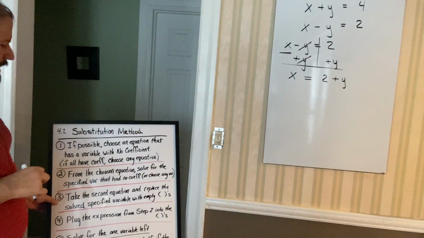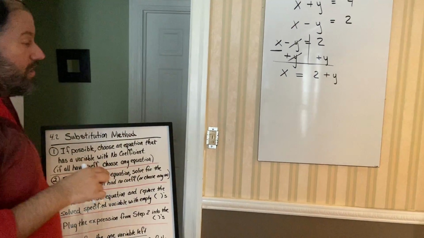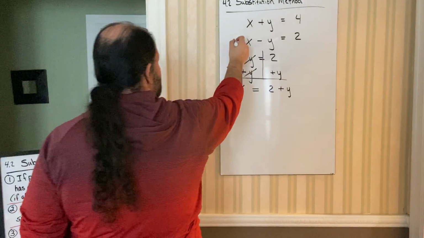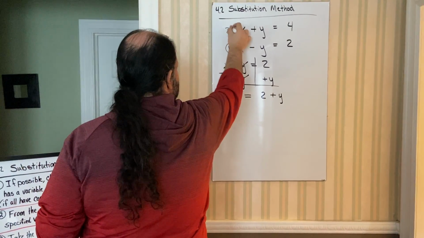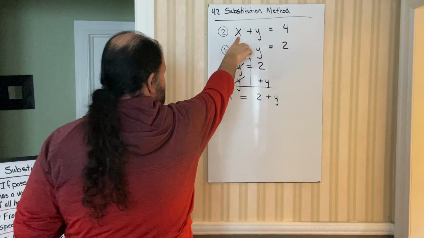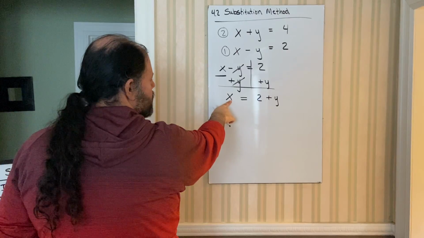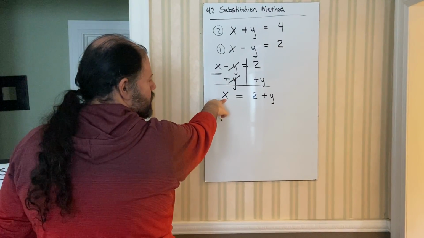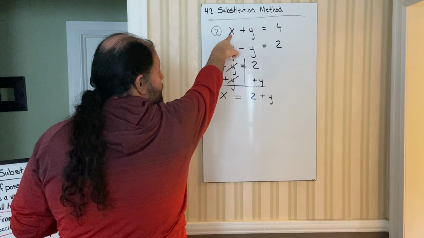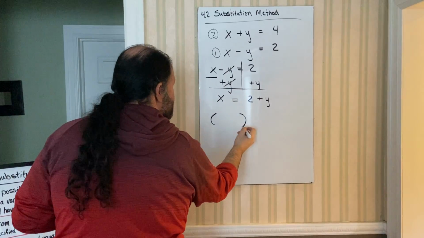remember, take this second equation that you did not use. Okay? So for us, this was our first equation. This is our second equation. So take the equation not used, the second equation, and what we're going to do is rewrite it. But notice I solved for x here. So I'm not going to write x, I'm going to write a set of parentheses.